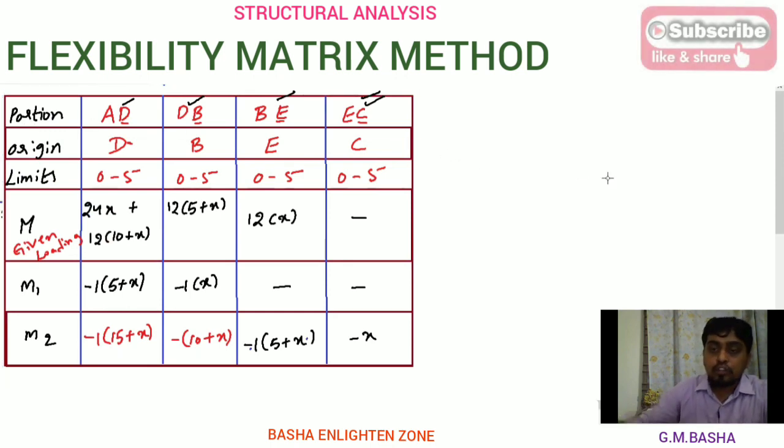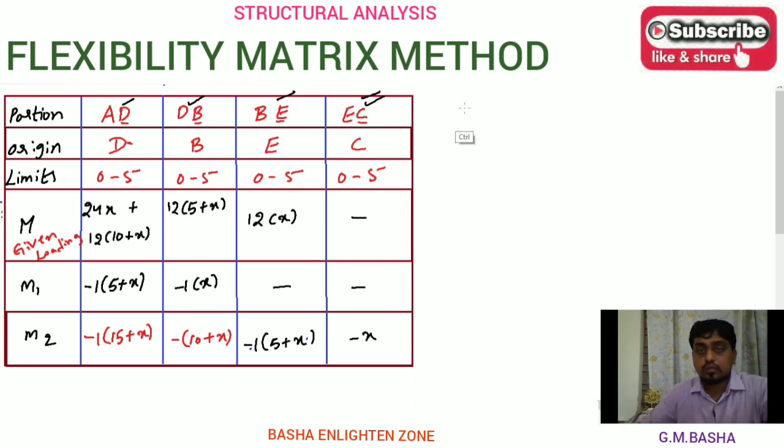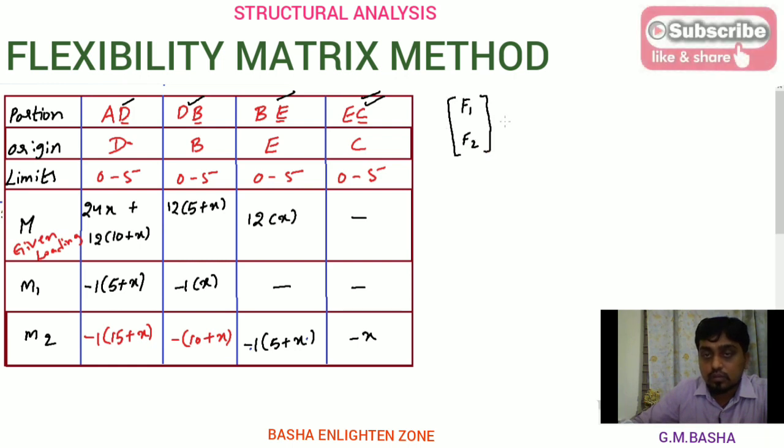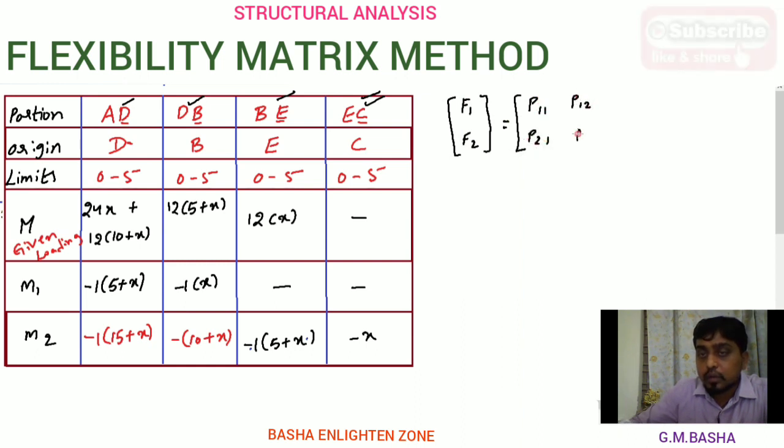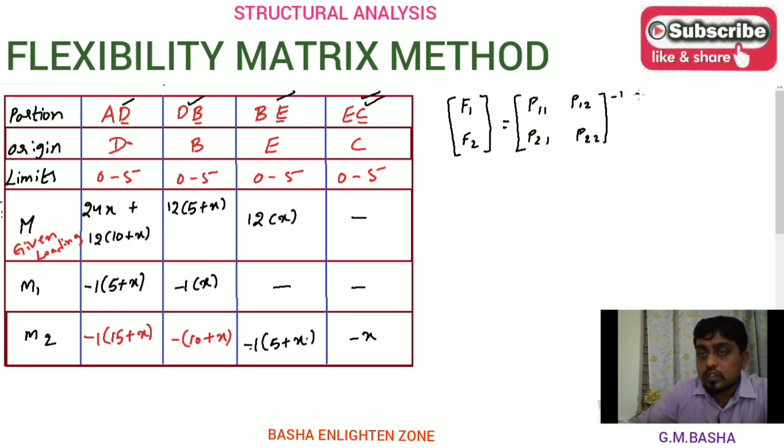So we already know the formula. F1 F2 will be equal to P11 P12 P21 P22 inverse, times delta 1 delta 2 minus delta 1L delta 2L.